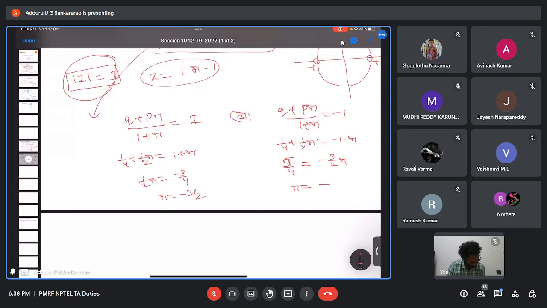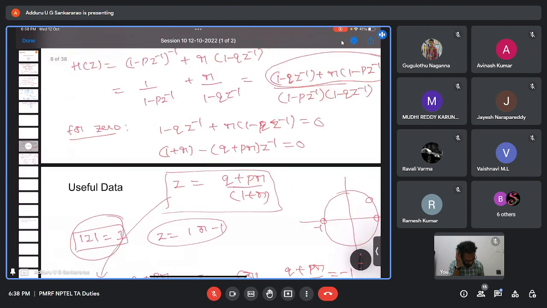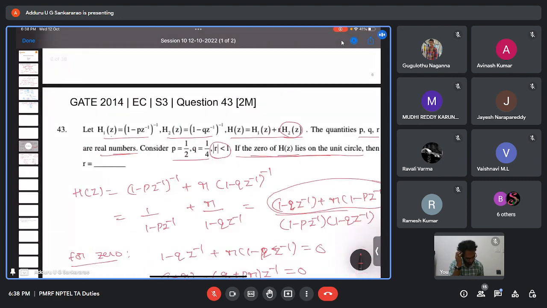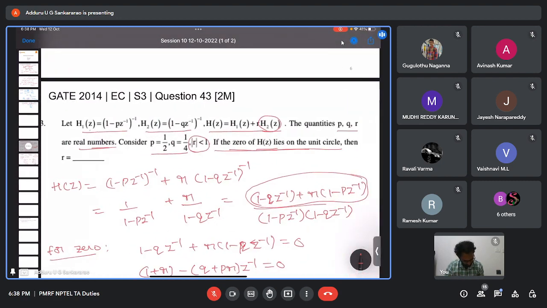So two values we got for R. I think somewhere we made a calculation mistake. So we need to find out R.